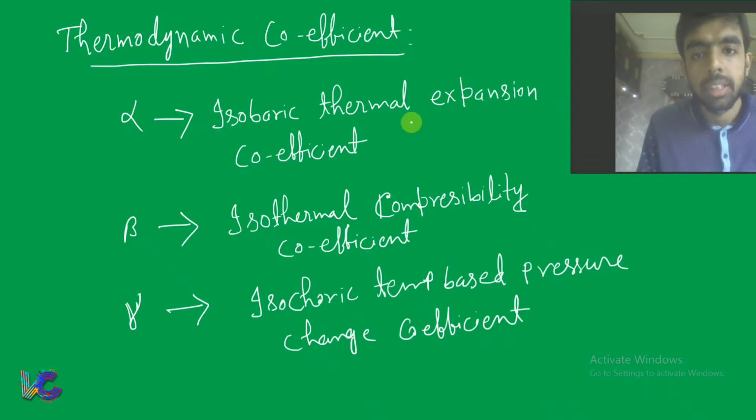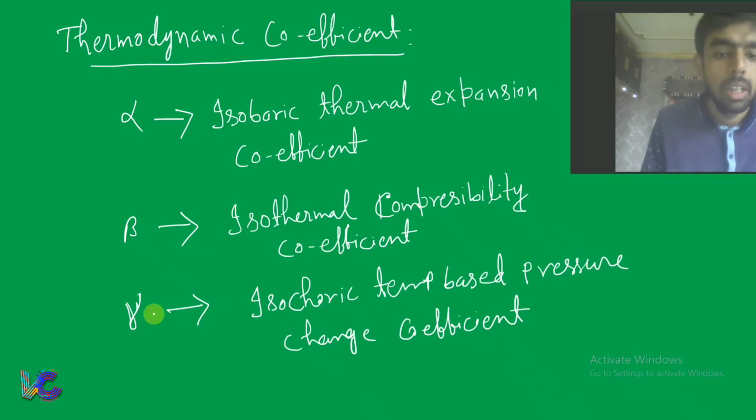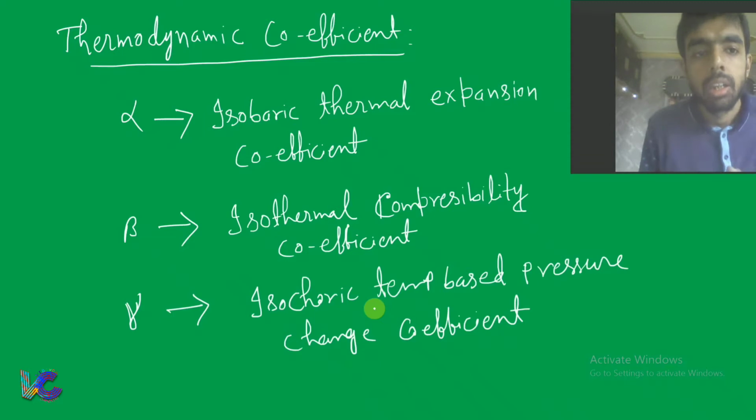Alpha is isobaric thermal expansion coefficient, beta is isothermal compressibility coefficient, and gamma is isochoric temperature based pressure change coefficient. Now we will see one by one alpha, beta and gamma.